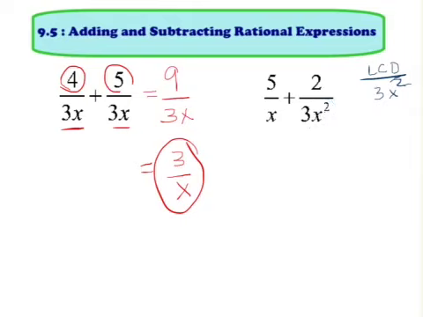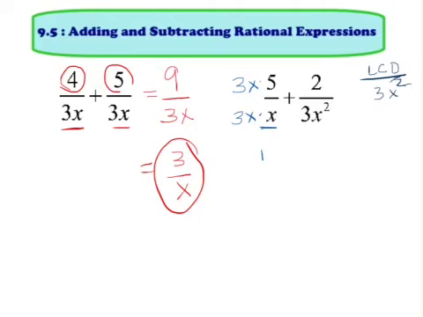Now that I have my common denominator, just like when we simplify and add fractions, we need to multiply to make that common denominator. In the first expression, I have an x. I need to make it 3x squared, so I'll multiply it by a 3x. And whatever I do to the bottom of a fraction, I also need to do to the top.